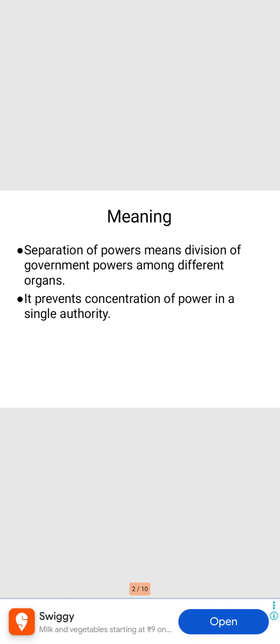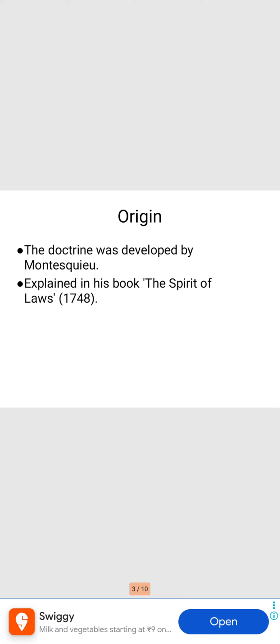In this, it is mainly the independence of each organ. Each organ functions independently and without interference from the others.